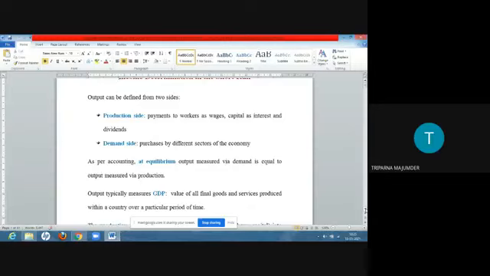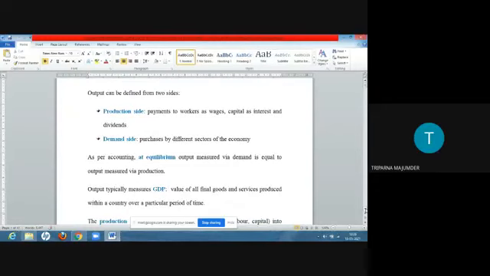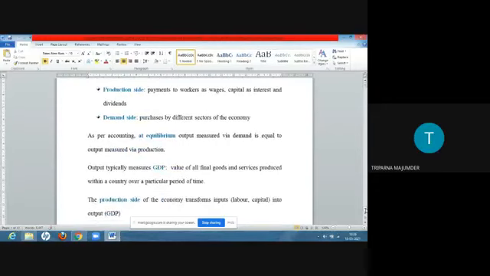Output typically measures GDP. Now, what is GDP? I think you know. It is the value of all final goods and services produced within a country over a particular period of time. I stress here, we take the value of all final goods and services. In the entire production process, there may be many stages.